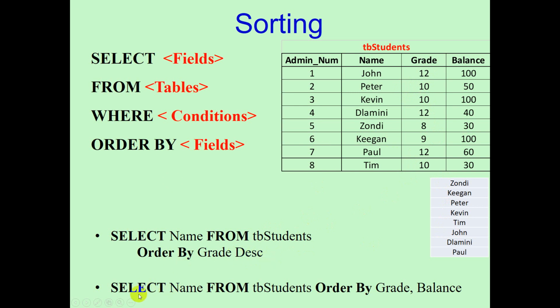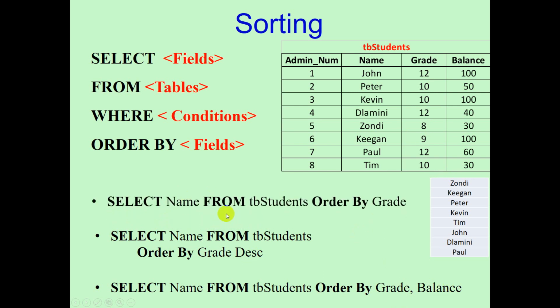If we look at the bottom one, select name from table students, order by grade, balance. We can sort by two fields. In this case, there's no DESC, so it's going to do it in ascending order. It'll first sort by grade, and if more than one student belongs to the same grade, then it looks at the balance.